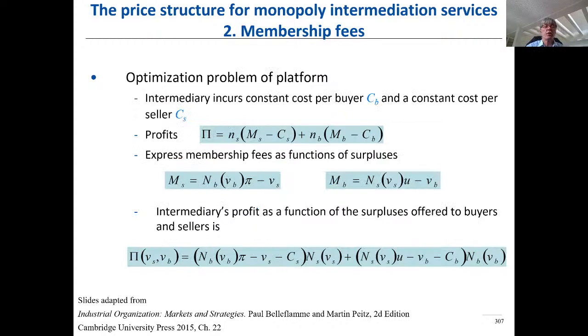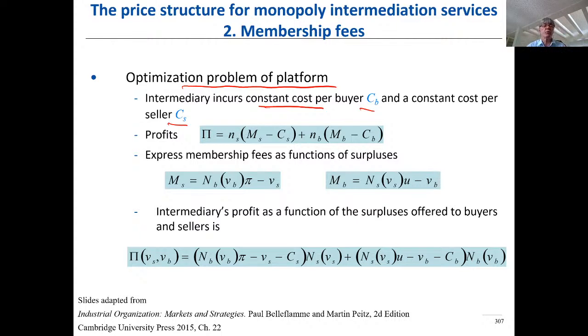Okay, so this is what we want to do, and now you'll see it's rather straightforward once we have this, because then we can just set up the optimization problem of our Elite Partner or Parship. Okay, suppose this platform incurs some constant cost per buyer and per seller, or per man and per woman.